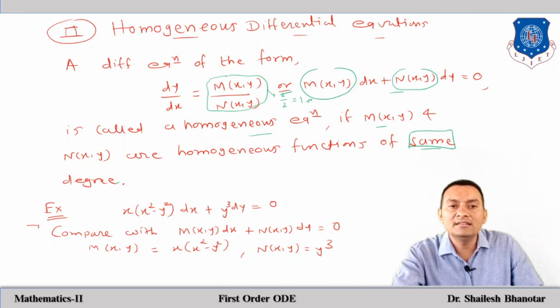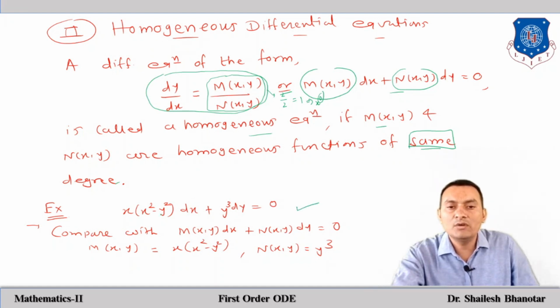That means this can be written as x raised to 0, that means degree 0. So what we can conclude is, whenever we write this form m divided by n and it has only degree 0, then it is going to be homogeneous. Let us understand this question number 1.